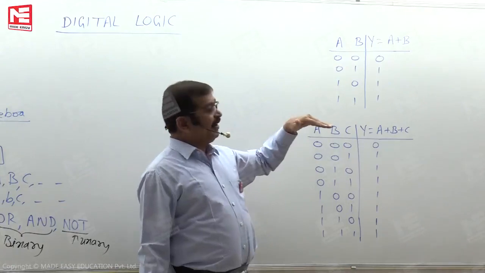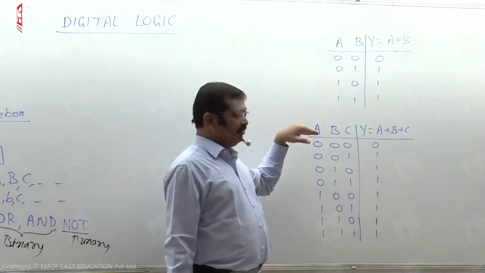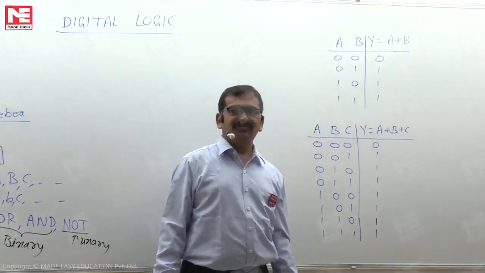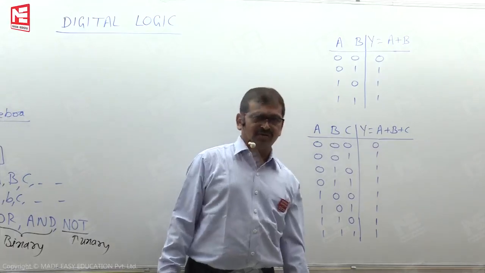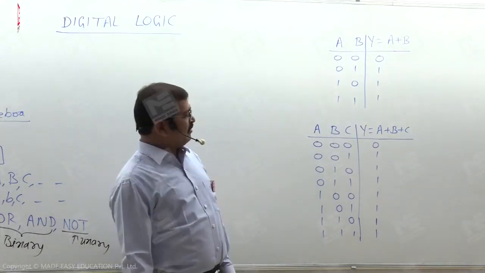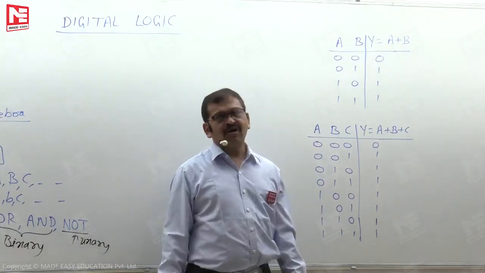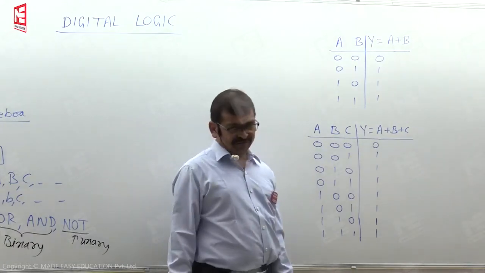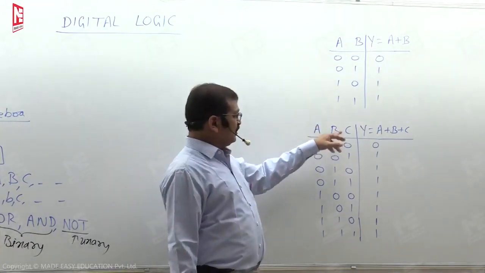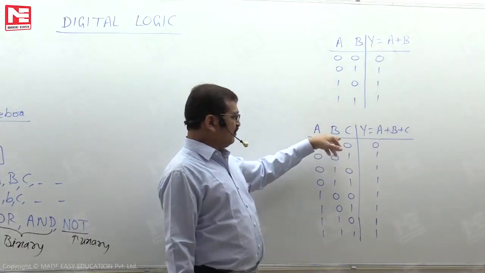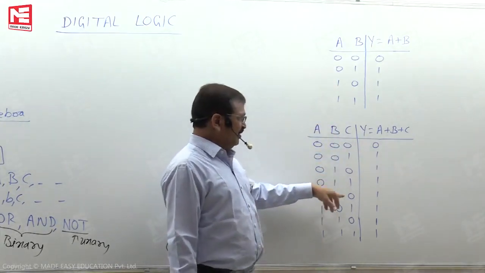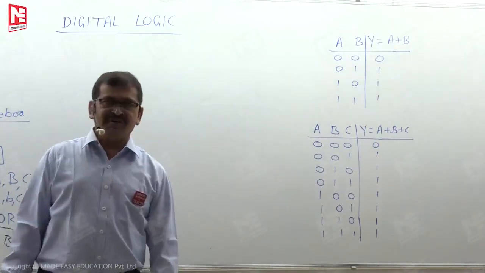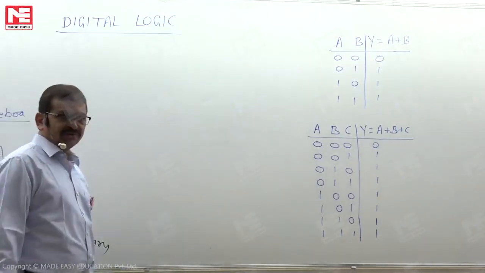That is the only row where all the variables have the value 0. Or equivalently we can say the result of OR operation is 1 if at least one of the variables is 1. Other than the first row, for the remaining rows, at least one variable is guaranteed to be 1.